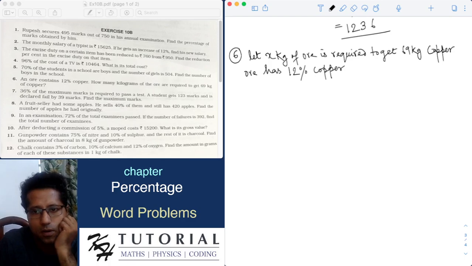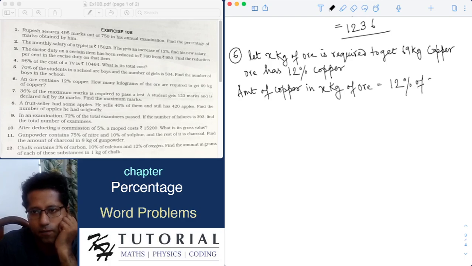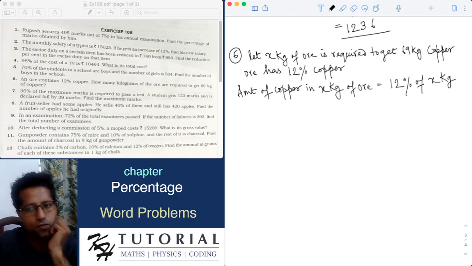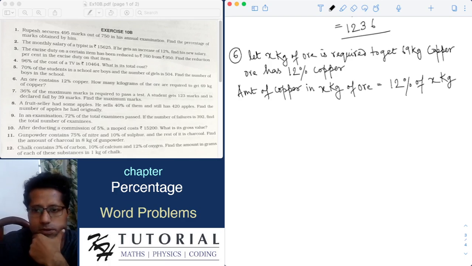The amount of copper in x kg of ore will be 12% of x kg. This is equal to 12 by 100 into x kg.